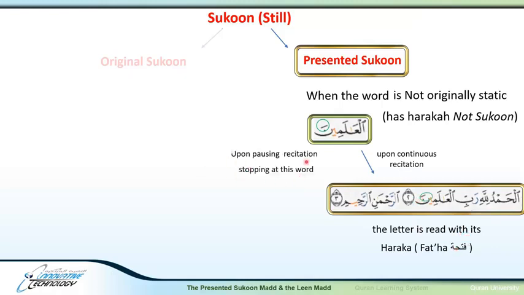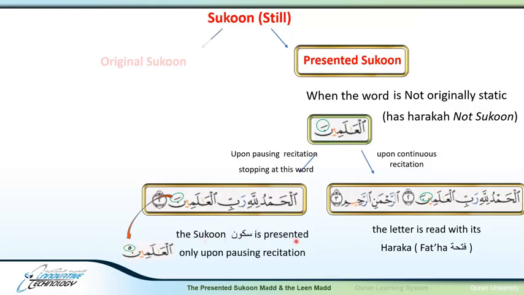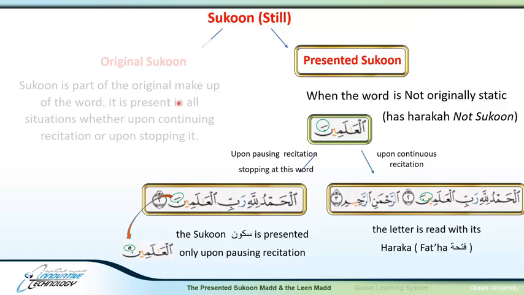But when we pause recitation upon the end of this word, when we say, Alhamdulillahi Rabbil Alameen, in that case, the fatha is converted into a sukoon. So that sukoon is only presented, it's present only upon pausing recitation. Thus, we call it presented sukoon. It's different from the original sukoon, which is always present as a natural part of the makeup of the word.